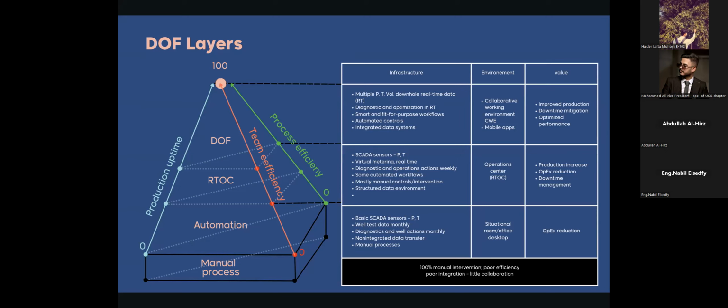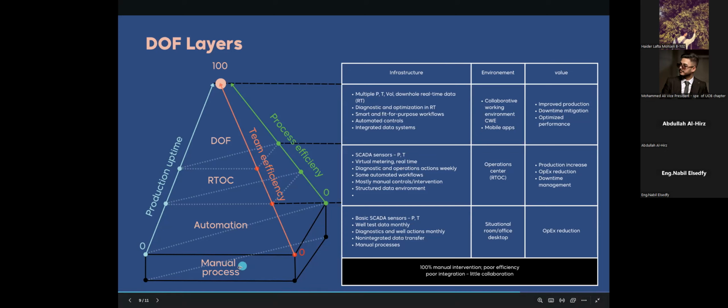Okay, perfect. Thanks, Haider. So now we will move forward on this triangle chart. We will talk more about the digital oil field layers. For example, here in Iraq or any oil field, this chart can tell you what the phase of your field is in utilizing digital oil field.